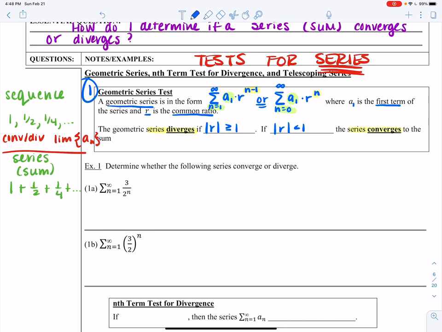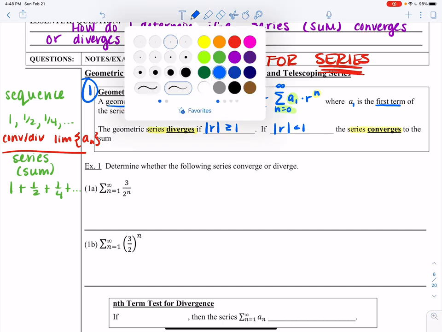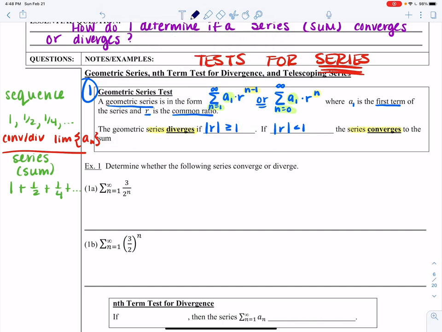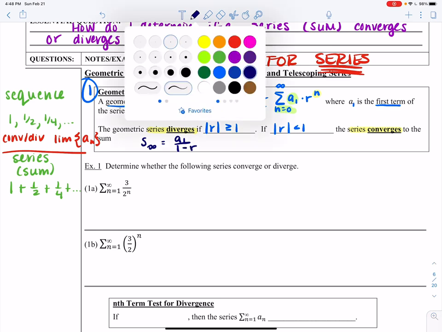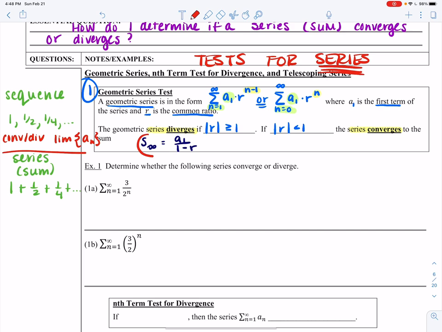And in fact, not only does it converge, but it has an actual summable amount. The sum of an infinite geometric series is a1 over 1 minus r. You need to know that formula. Really important.